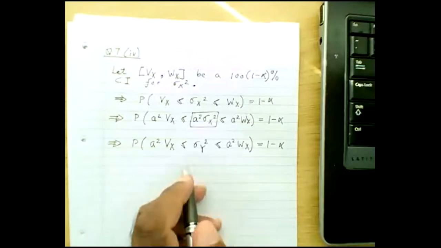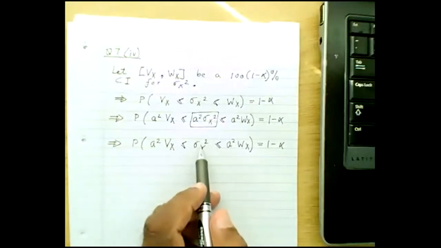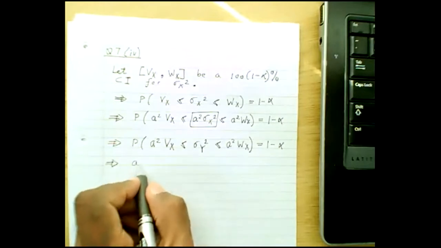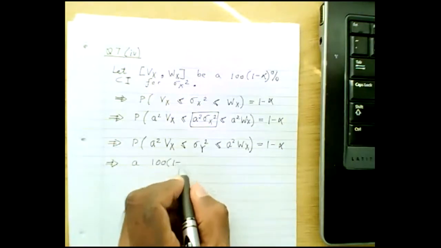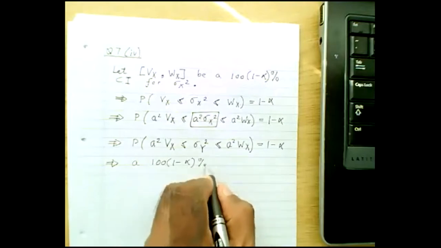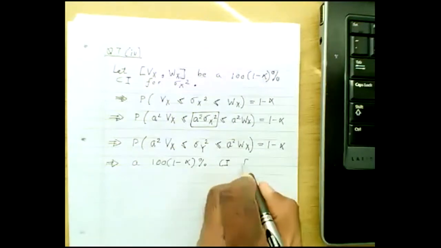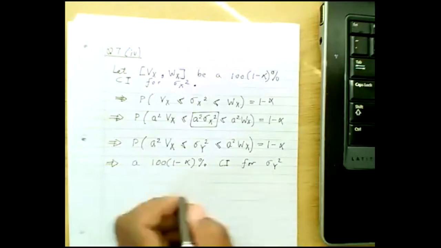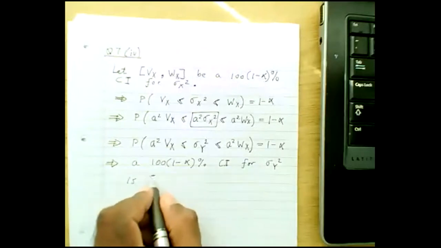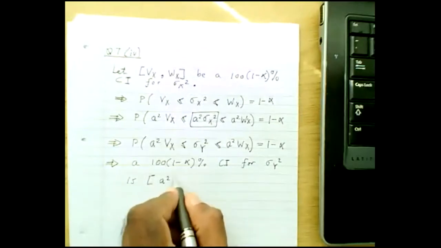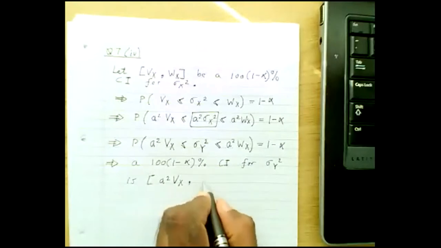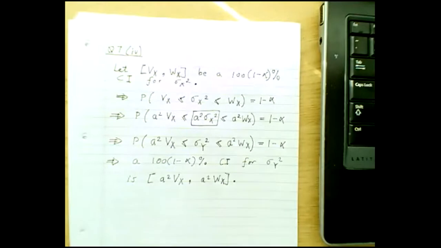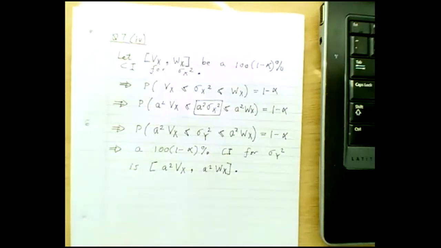All right, so now what we have here is a statement on the population variance for y. So hence, the 100 times 1 minus alpha percent confidence interval for sigma y squared, the population variance of y, is the interval from this to this. All right, guys.